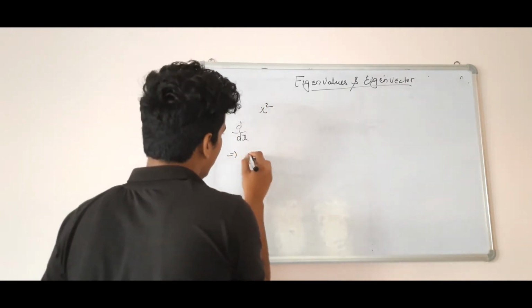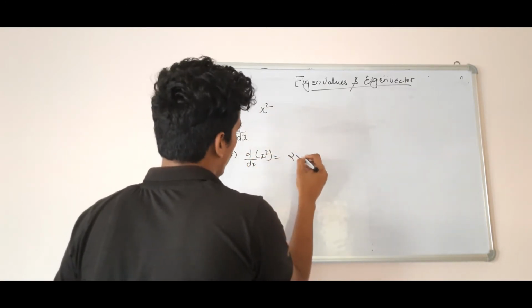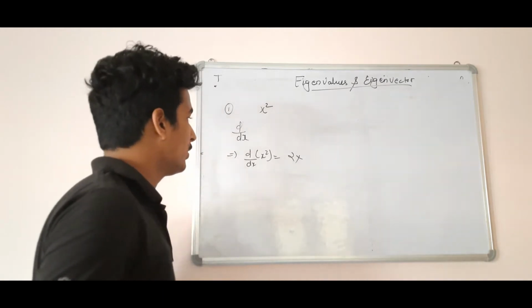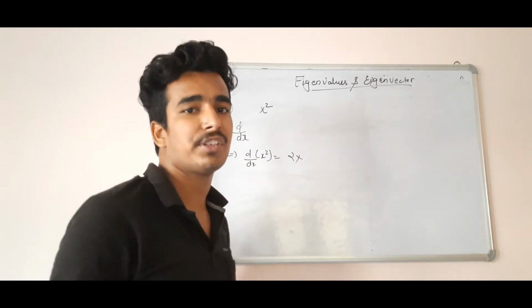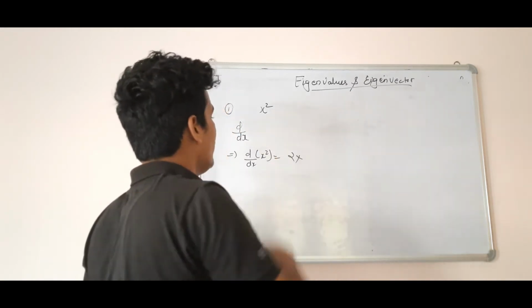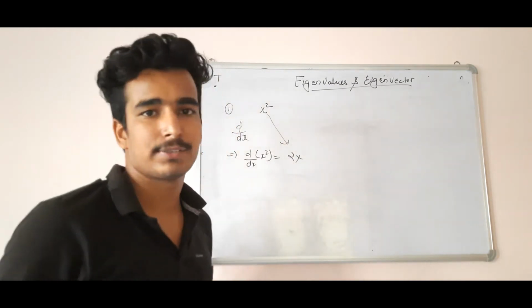So basically I want to take the derivative of x square. What result do I get? d/dx of x square, you all know that, is 2x. So my function, after the operation of the derivative, has changed from x square to 2x.